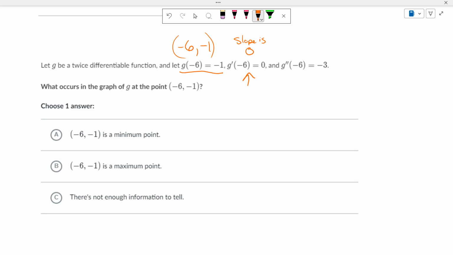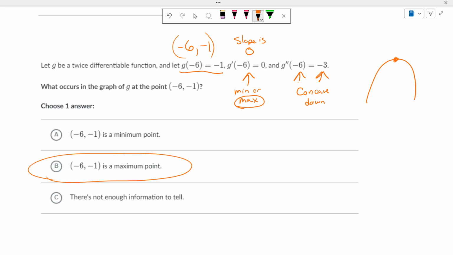It's either a min or a max. Okay? The second derivative is negative. That means it is concave down. When it's concave down, what will this be? It'll be a max. So 6, negative 1 is a maximum point. That's what this gobbledygook all says. But you got to go through it one thing at a time to figure out what's going on.